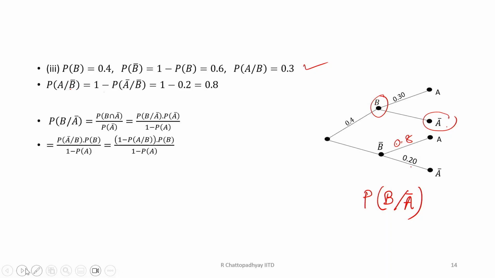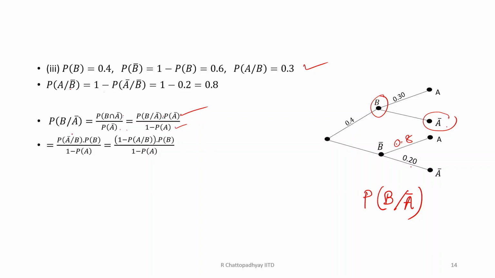So P(B given A bar), I can write as P(B intersection A bar) by P(A bar). P(A bar) we write as 1 minus P(A). And P(B intersection A bar), this is the conditional probability. We write directly the formula of conditional probability. From conditional probability we can write this: P(B intersection A bar) is P(B given A bar) into P(A bar).